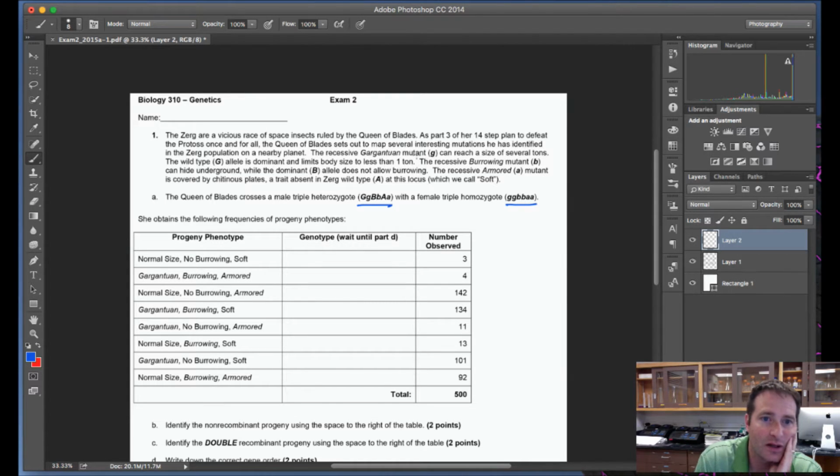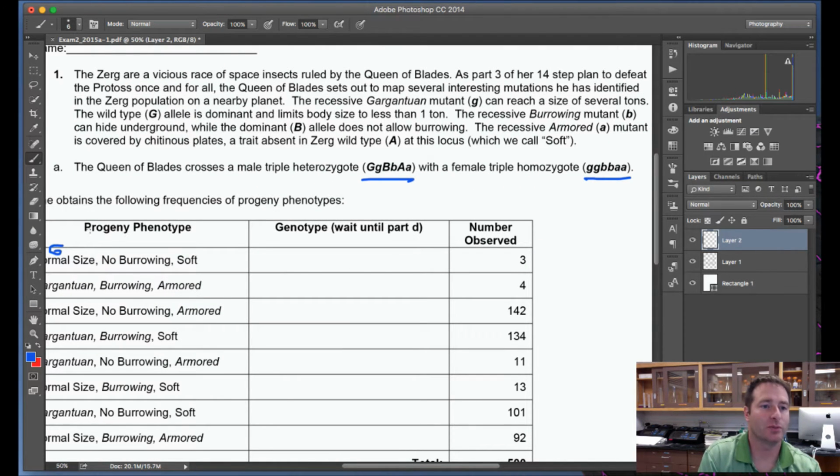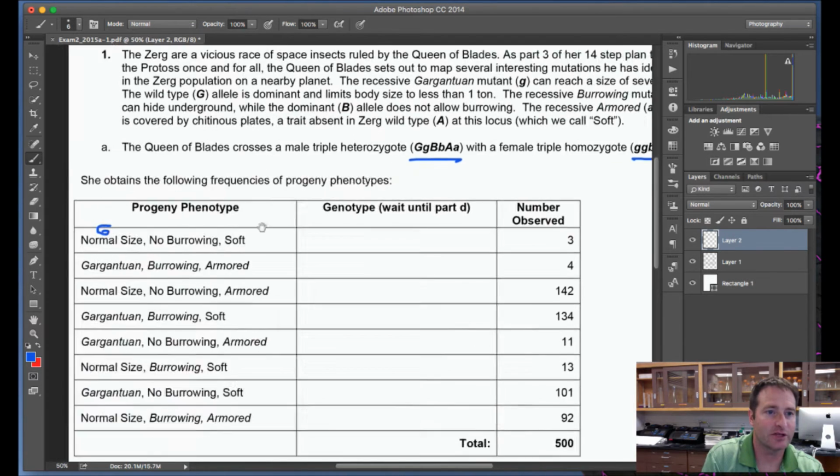So we've got a gargantuan mutant and a wild type allele that is the normal body size. Okay, so if you go down here, normal body size is the capital G. What I like to do is actually, and I think I'm going to just knock my brush size down a touch and zoom in here so that it's easier for me to write.